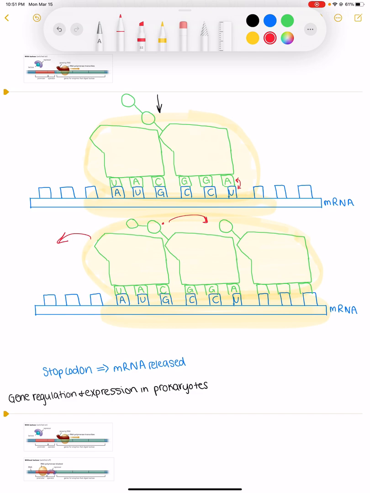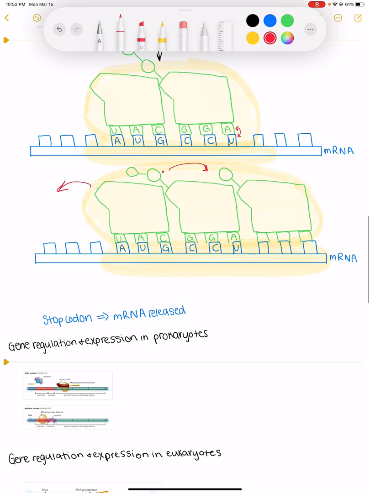And this process will just keep repeating itself and keep moving down the messenger RNA molecule until we reach a stop codon. When we reach a stop codon, the messenger RNA can be released and the ribosome and everything will disassemble until we want to undergo translation once again.